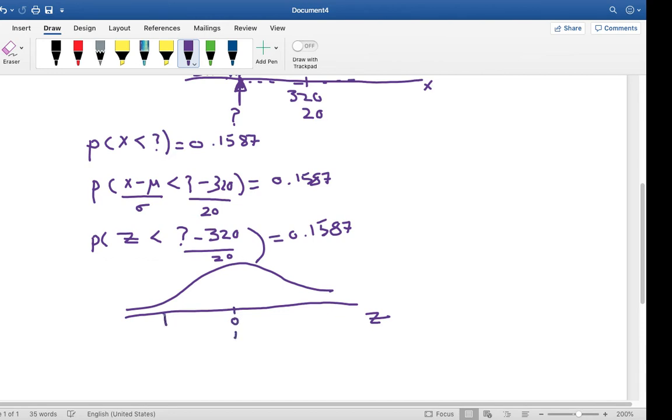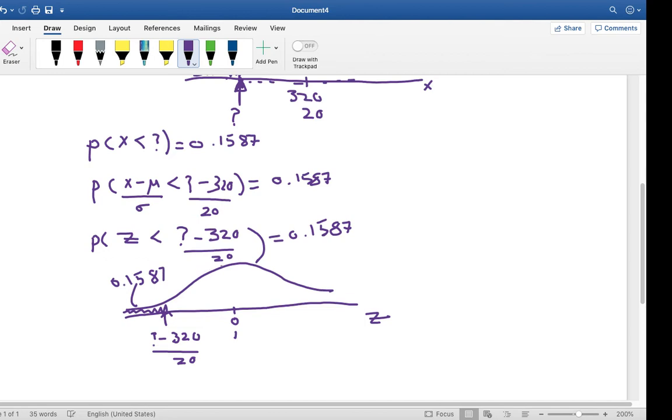And this point here is now going to be not just question mark, but question mark minus the mean over the standard deviation, and the actual answer to that is going to be 0.1587 or 15.87%.